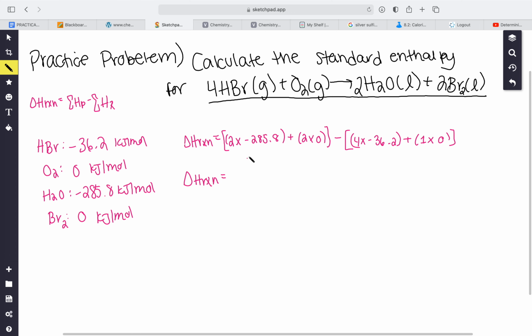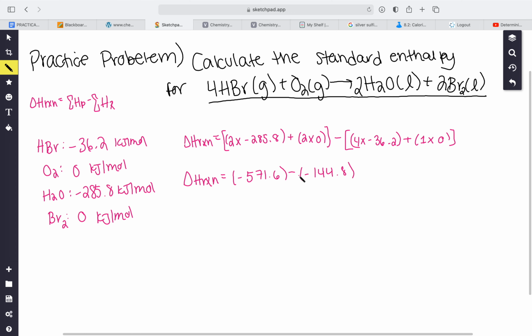Alright, so here we have negative 571.6, and we don't need to include the Br2 term because it's times 0, which is always 0. Then I'm going to subtract from that 4 times negative 36.2, which gives negative 144.8.